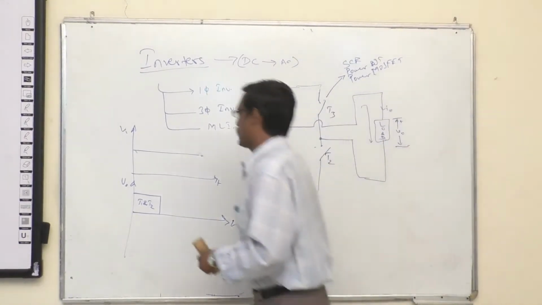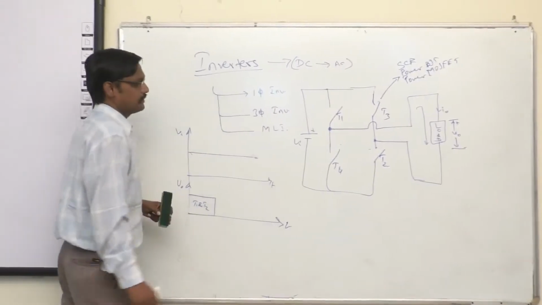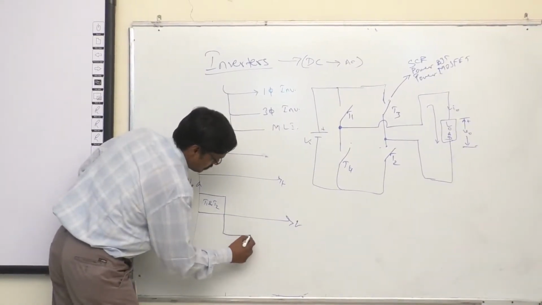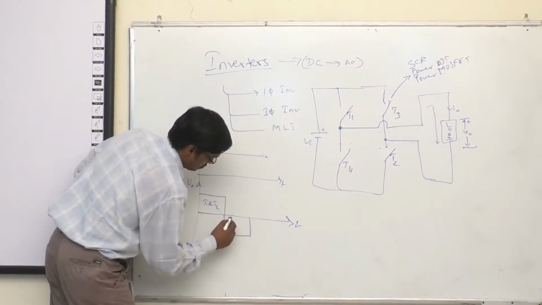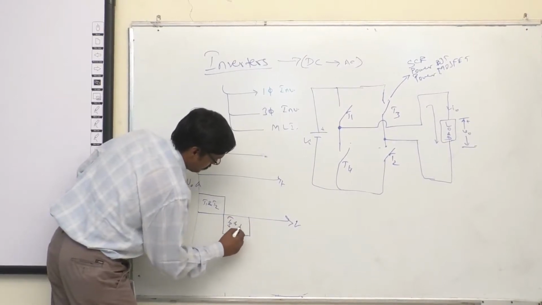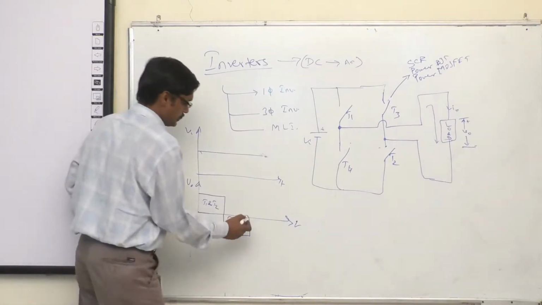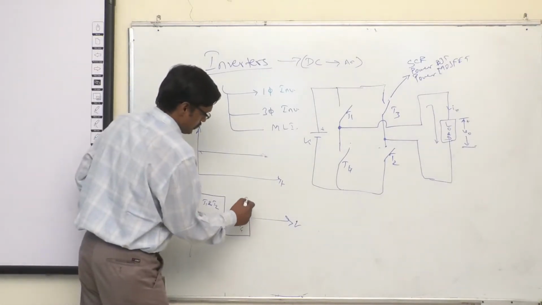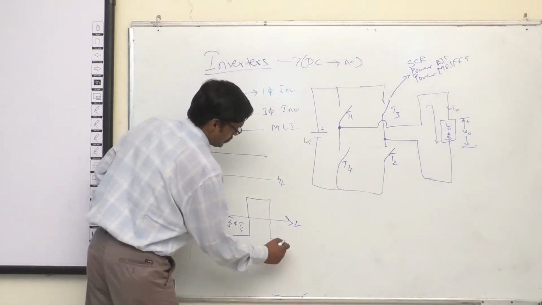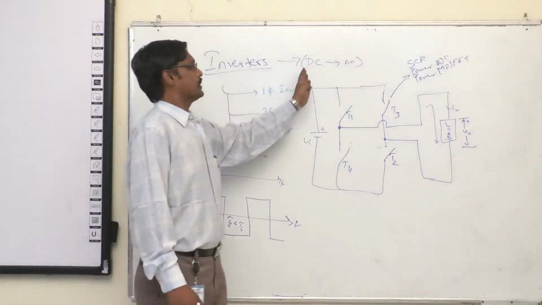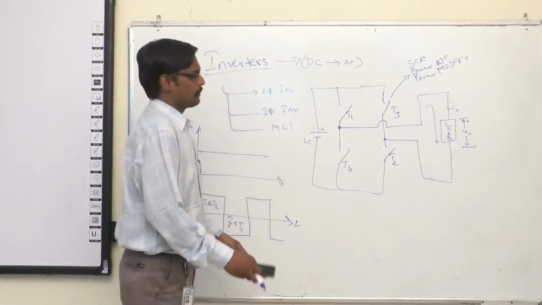But the current and voltage across the load are in the opposite direction. So your output voltage is in the opposite direction when T3 and T4 are conducting. When this is repeated, the output voltage is going to be an alternating one. In this way, you can convert a DC supply into an AC supply.